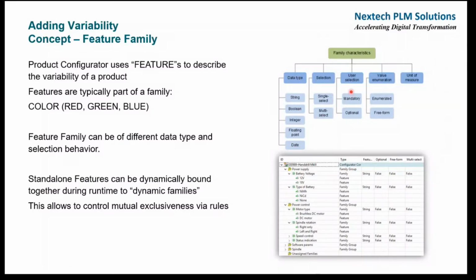You can also have a single select or multi-select feature. You can also have features which are marked as mandatory or optional. So all these kinds of configurations the configurator expert can do while authoring this variability data.